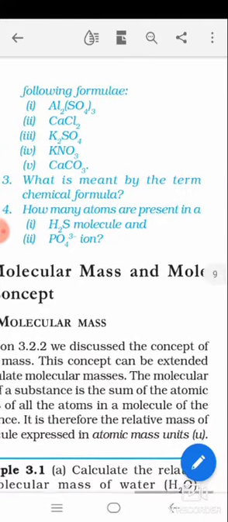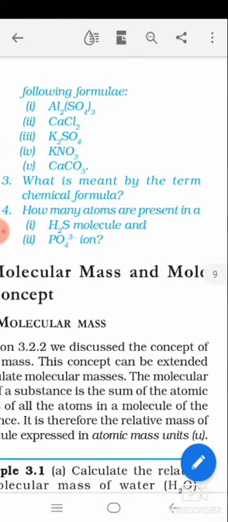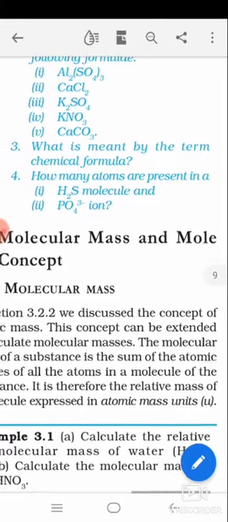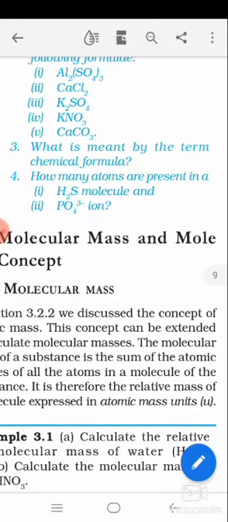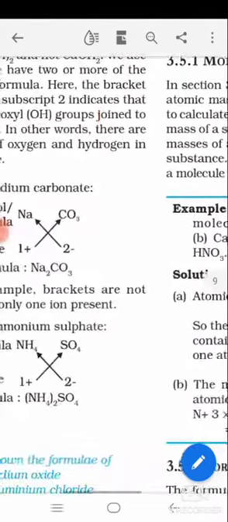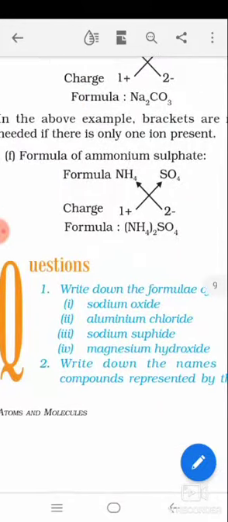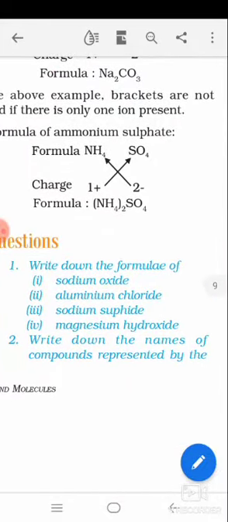Now, what is meant by the term chemical formula? Write that down. How many atoms are present in an H2S molecule and a PO4 3- ion? I think there is no need to give any hint for the formulas of sodium oxide, aluminium chloride, sodium sulfide and magnesium hydroxide.